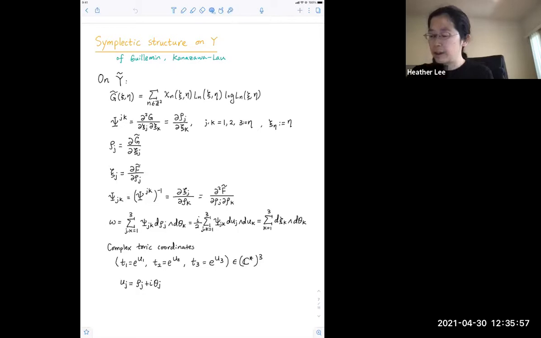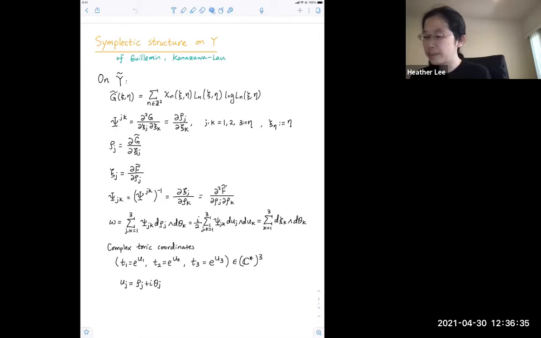In the 90s, Guillemin constructed Kähler potentials. Actually, even before Guillemin, people knew how to construct toric invariant symplectic structures on compact toric varieties via symplectic reduction. And Guillemin's work gave all these potentials, the Kähler potentials for those symplectic structures.